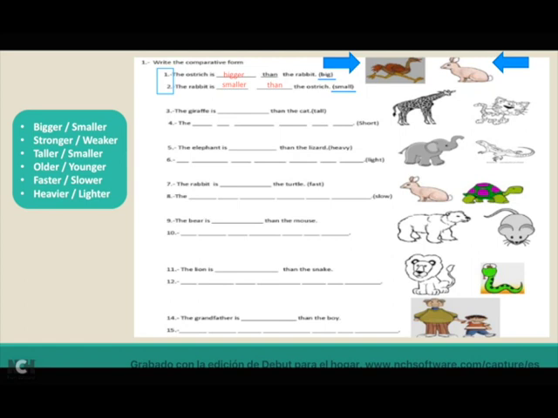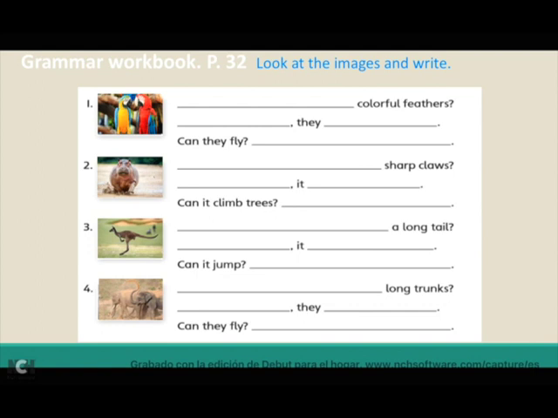And now let's continue with our grammar book. Take out your grammar books and open them on page 32. This exercise says, look at the images and write. As you can see, we have 4 pictures about animals on the left side of your screen. We have parrots, a hippo, a kangaroo, and elephants.